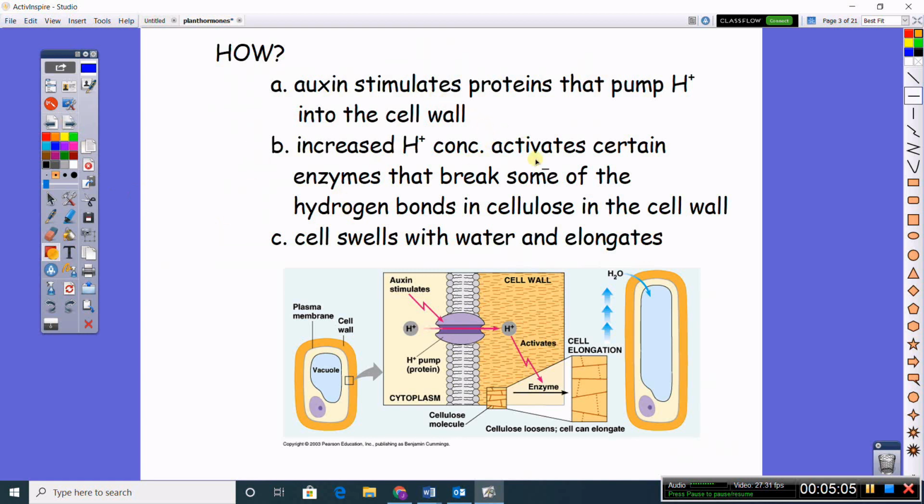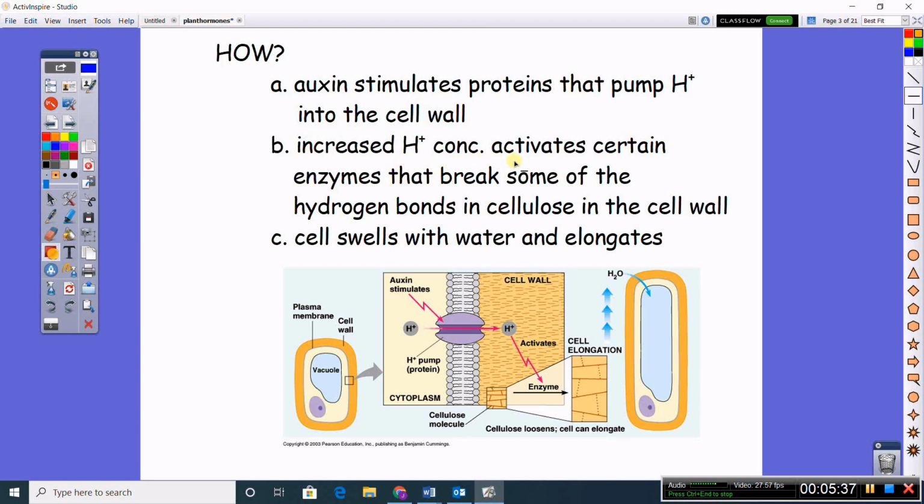All right, but first, the bottom left-hand corner, it says how. So this is a review. When we talked about phototropism and we say, well, how does it cause the plant to grow towards the light? This is how, okay? Remember, auxin is going to collect in the cells on the shadier side of the stem. And so when it does that, it stimulates proteins that pump H+ ions into the cell wall.